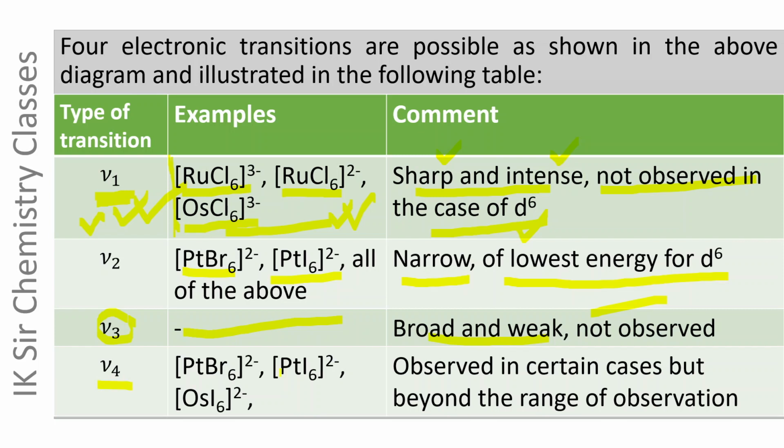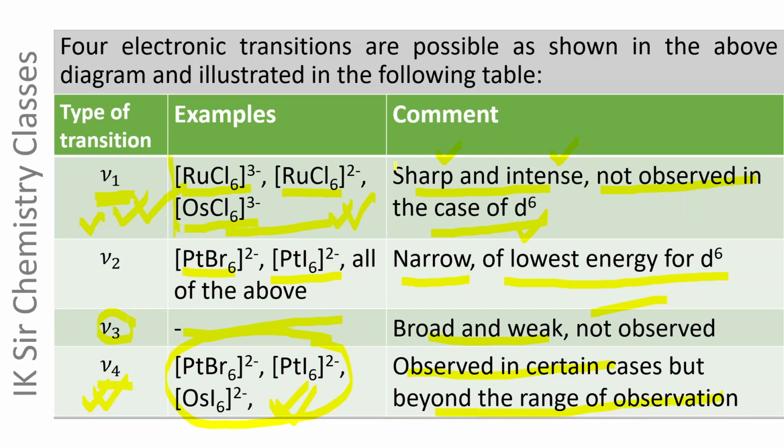Nu4: the complexes PtBr6 2 minus, PtI6 2 minus, and OsI6 2 minus exhibit nu4 type of absorption band, observed in certain cases such as these complexes, but this transition requires the maximum amount of energy, and it is generally beyond the range of observation.